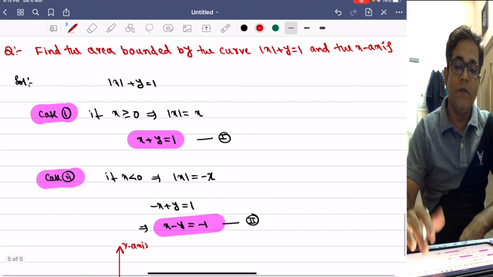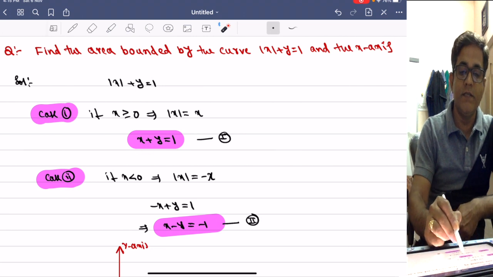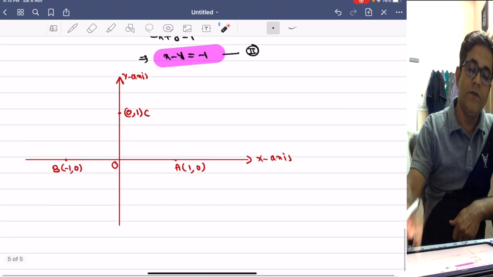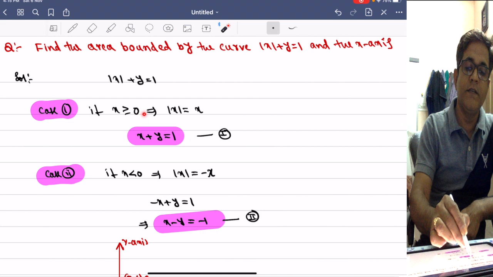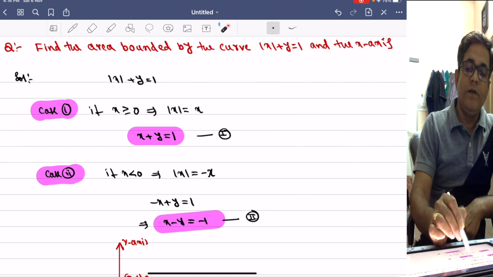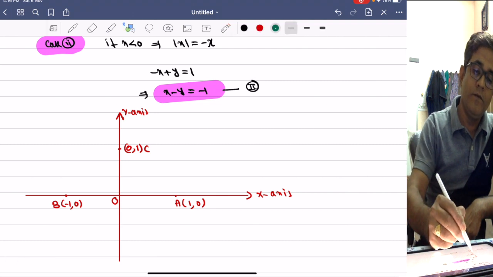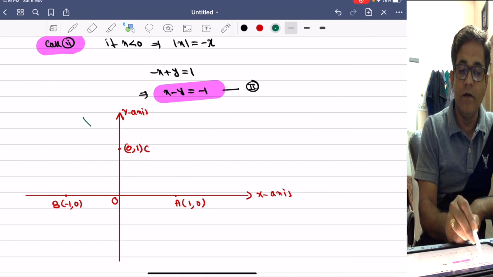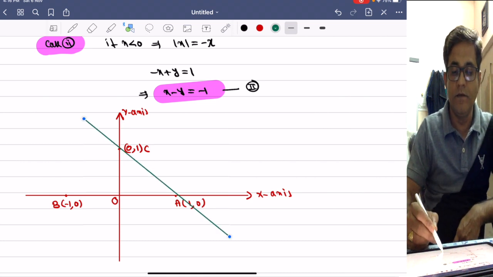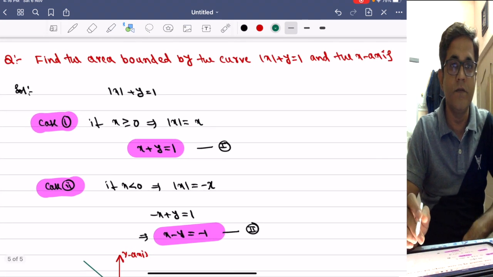If you observe the line segments, the first one is x plus y is equal to 1, with x intercept 1 and y intercept also 1. It is x plus y is equal to 1 only when x is greater than or equal to 0. If you draw the complete line, it will be like this. But in case 1, x is greater than or equal to 0 only.